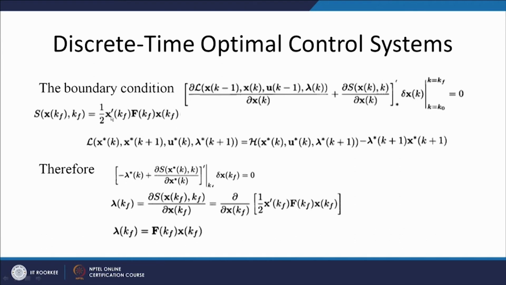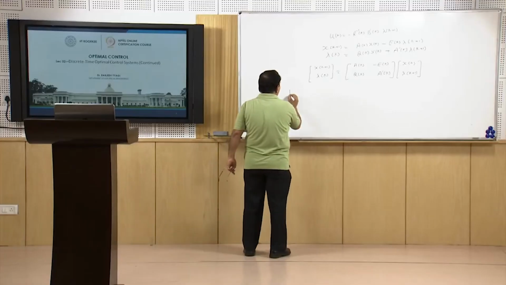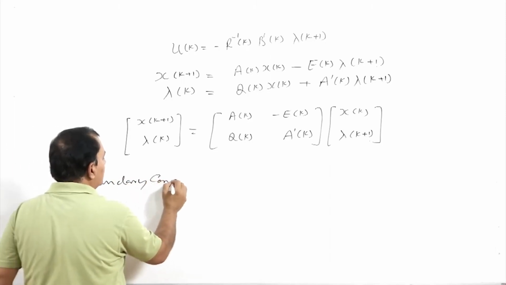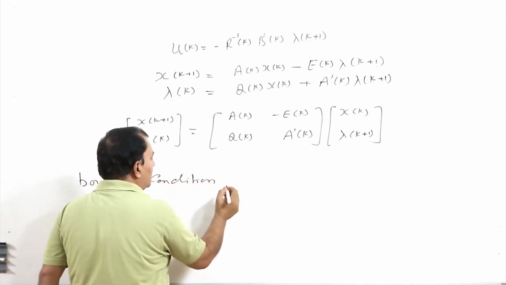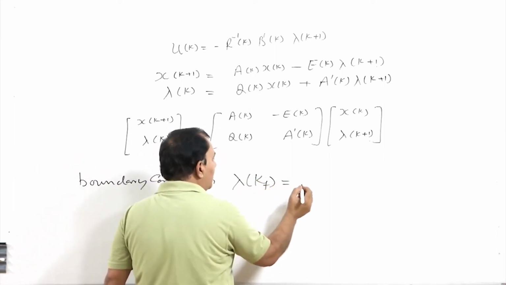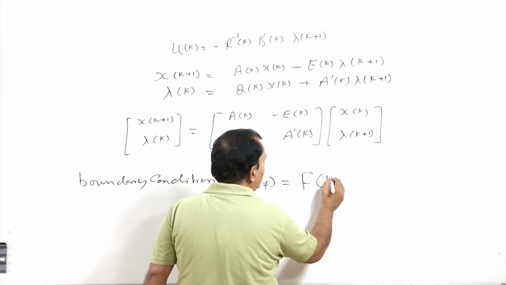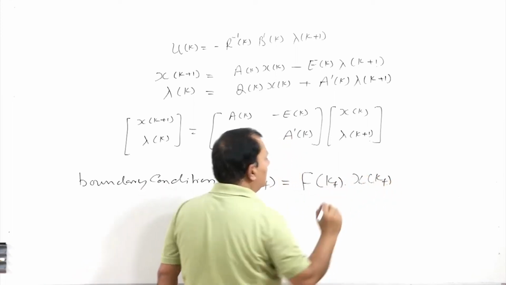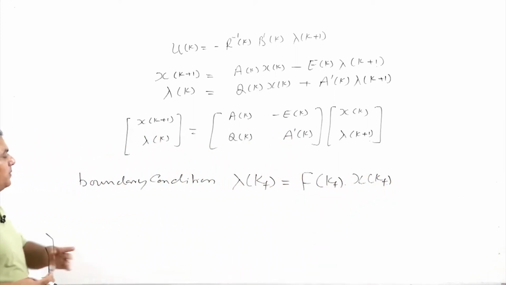If I differentiate this S of kf, I will get nothing but lambda kf equal to F of kf x of kf. So my boundary condition for this is lambda kf is F of kf x of kf. So this is my boundary condition.